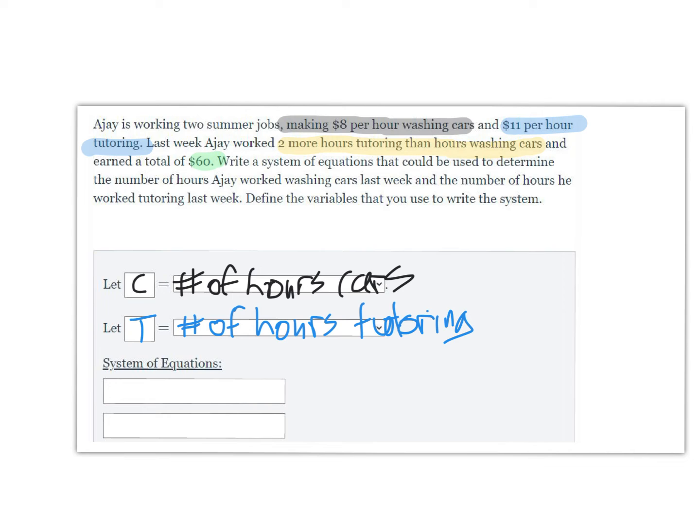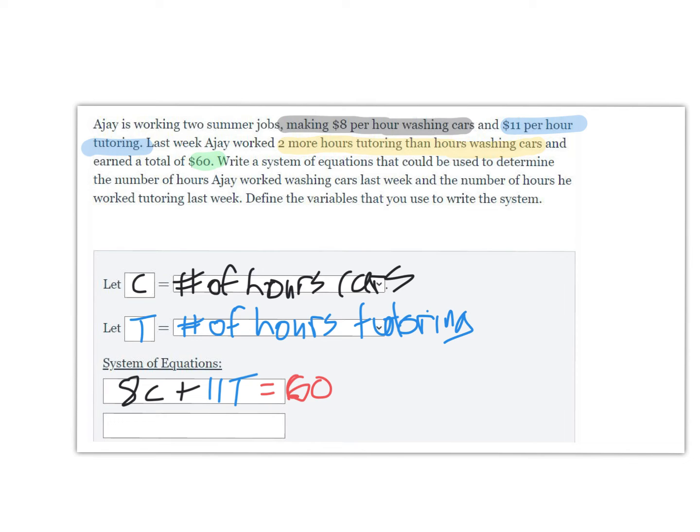So one of our equations simply needs to be the fact that he makes $8 an hour washing cars, $11 an hour tutoring, and last week he made a total of $60. So we could simply write 8 times the C plus 11 times the tutoring, and all of that equaled the $60. That would be one of our equations.